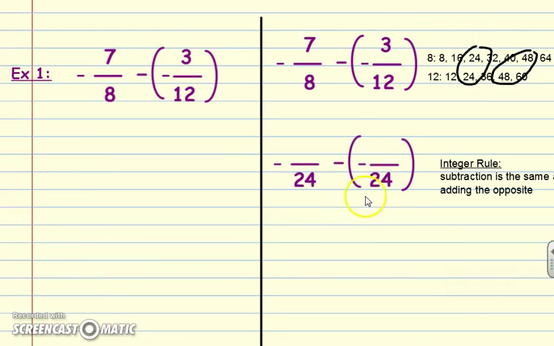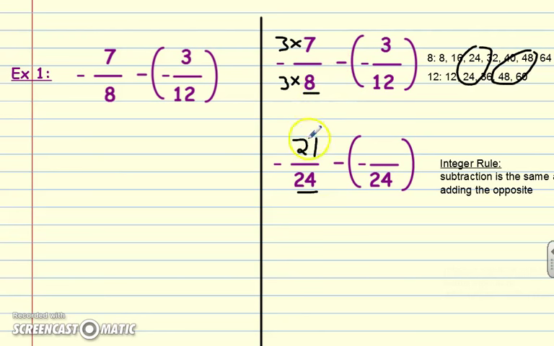Okay, so we want to change these both to 24 in the denominator. Then you just have to figure out, how do I go from 8 to 24? Well, I need to times by 3. If you times by 3 on the bottom, you have to times by 3 on the top. So 3 times 7 is 21.